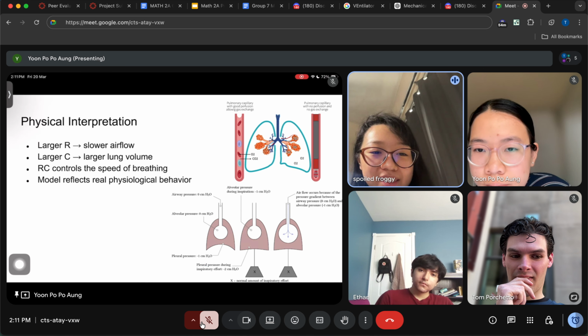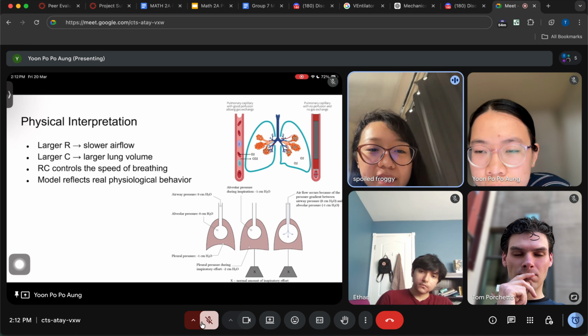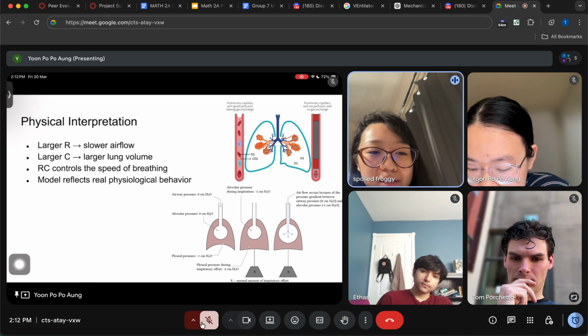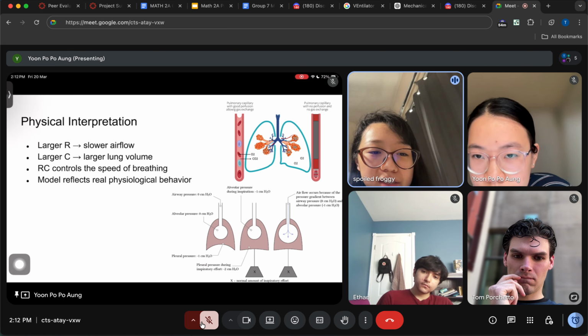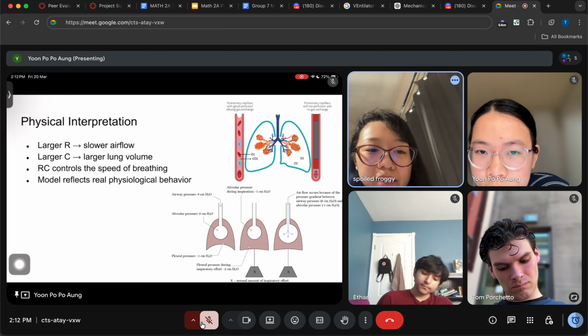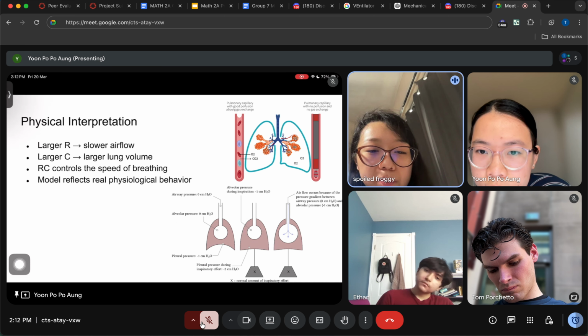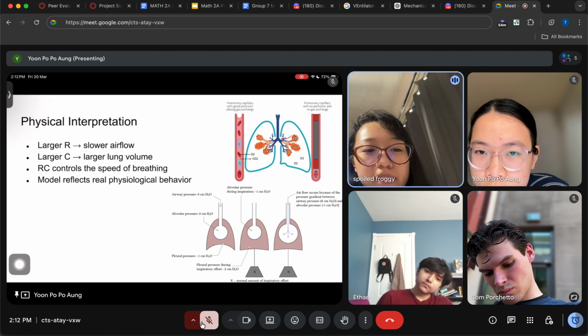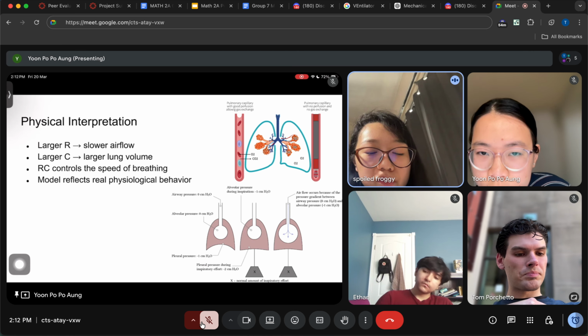So here we explain the physical meaning of the parameters. A larger resistance R means slower airflow. The lung fills and empties more slowly. And a larger compliance C means the lung can hold more volume.